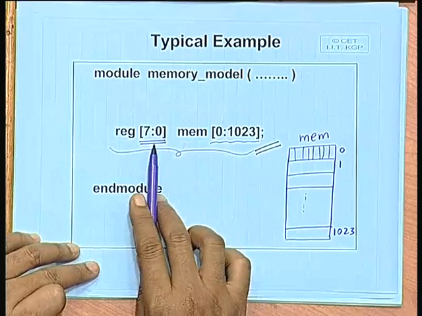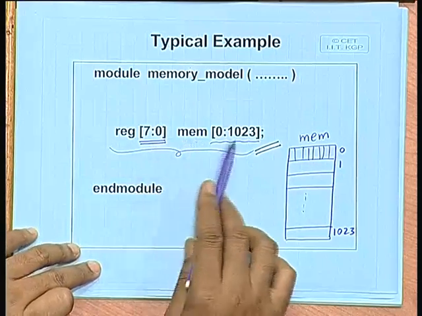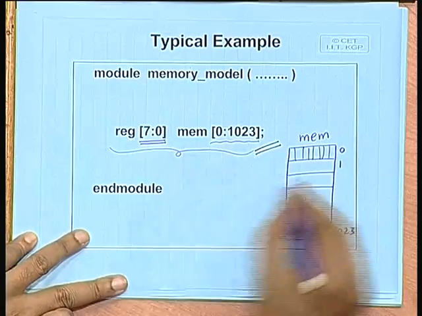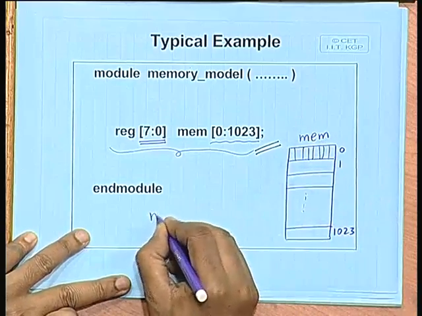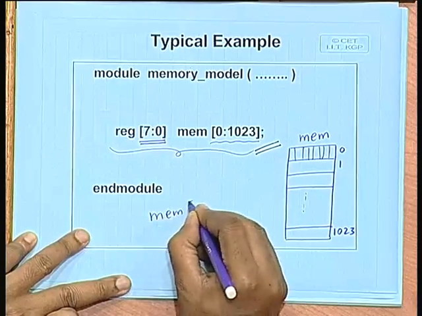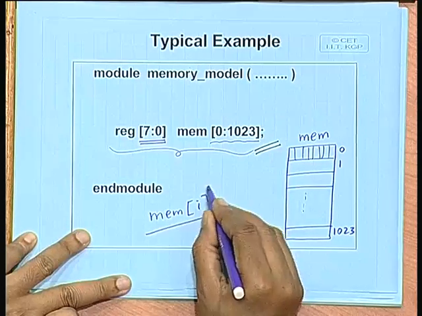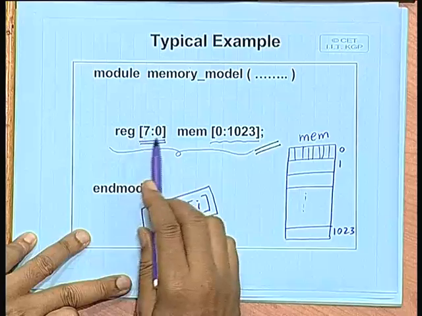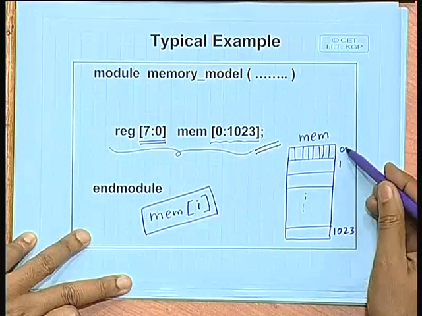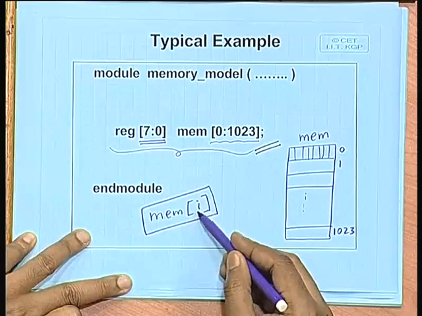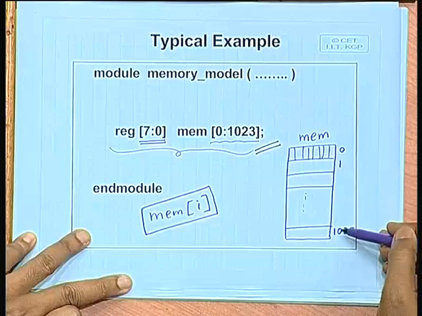Okay. So, this is how we can define a 2-dimensional array of storage locations which can be treated as an array of register variables. So, if we access this structure as say mem of I, this will actually return a register type variable of size 8 which logically means the contents of the ith location of the memory.